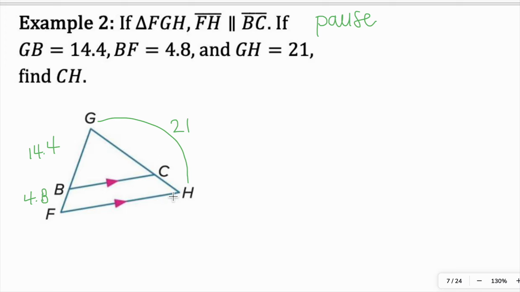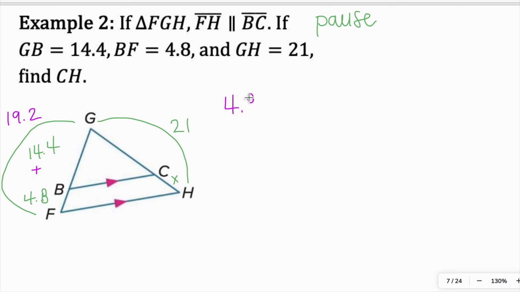Find CH. Okay, so one thing I might have to do here is I can still set it up the same way, or what I can do is compare GH to GF. So what I might do here is find that entire length. So I'd be adding 14.4 and 4.8 together. That is going to give me 19.2. Then I use 4.8 and x the same way I would use 19.2 and 21.